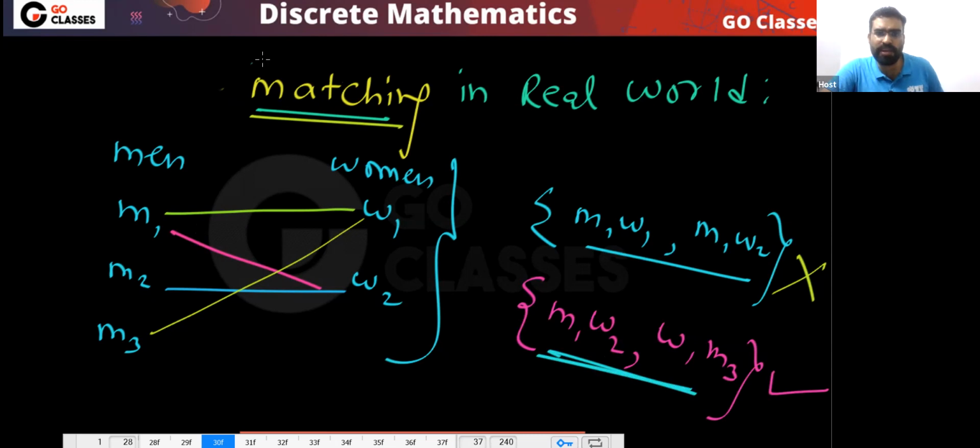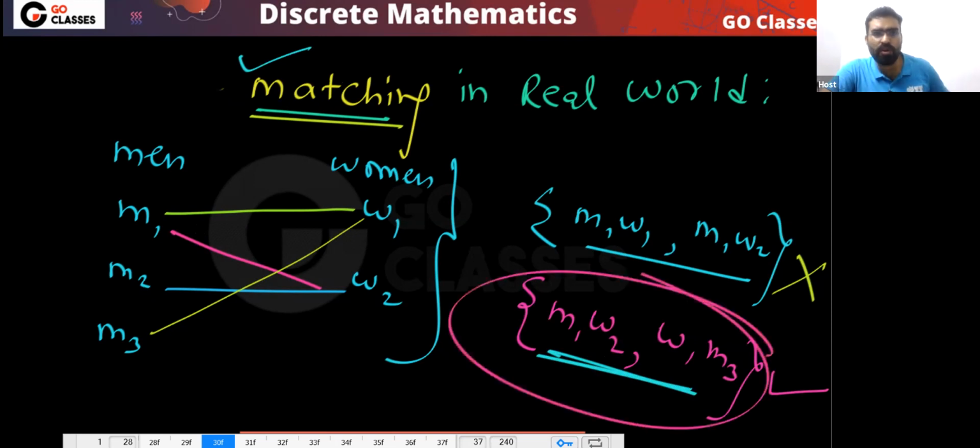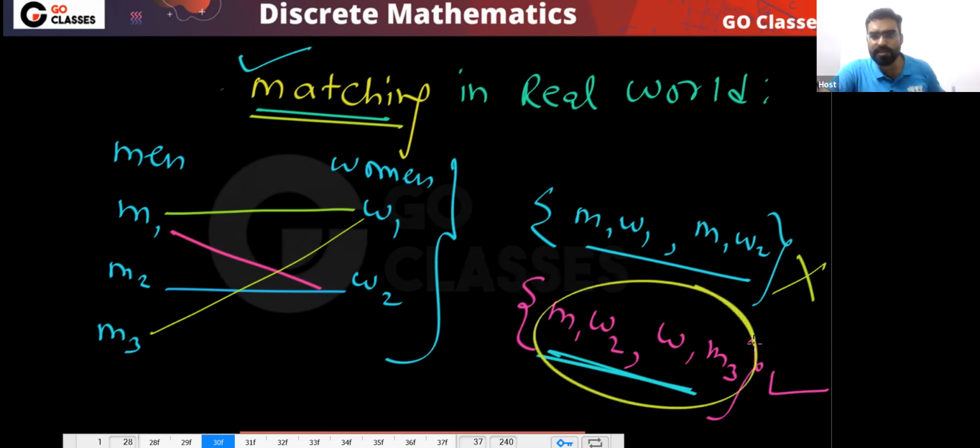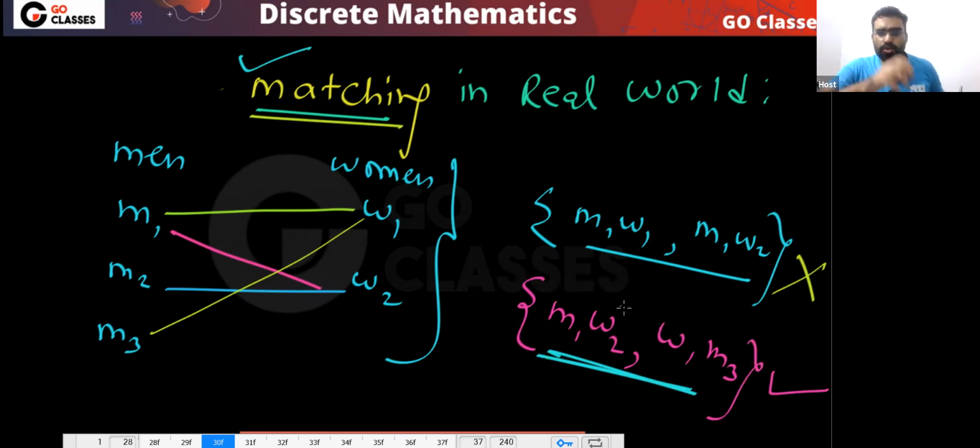So you can very easily understand this matching from the marriage situation. What we want is that these vertices must be distinct, they must be different. You should not have a common endpoint. For example, it should not have a common husband or common wife.